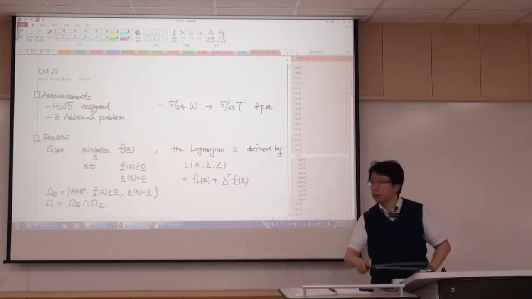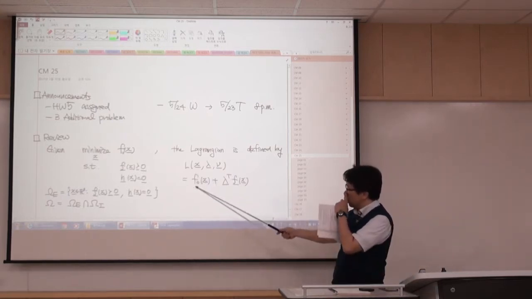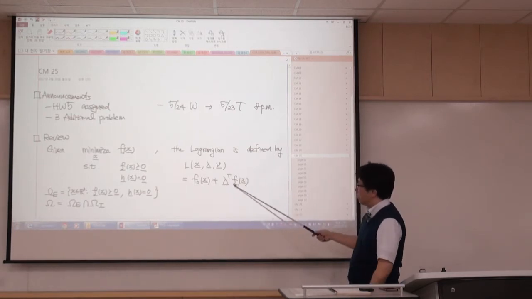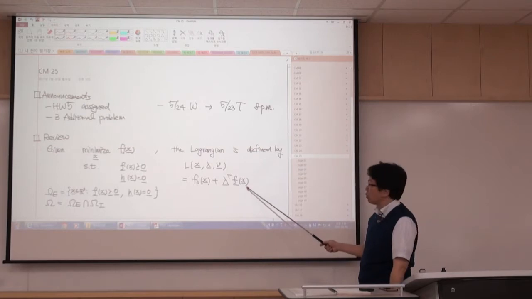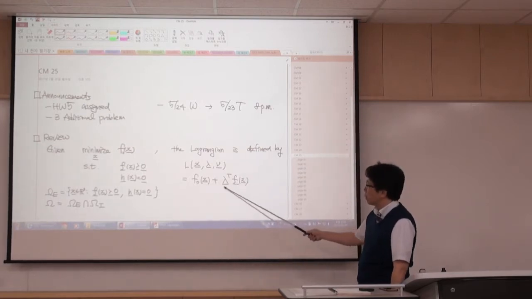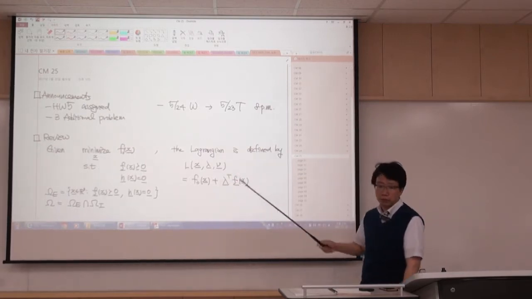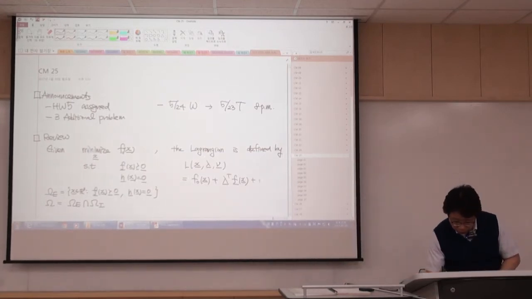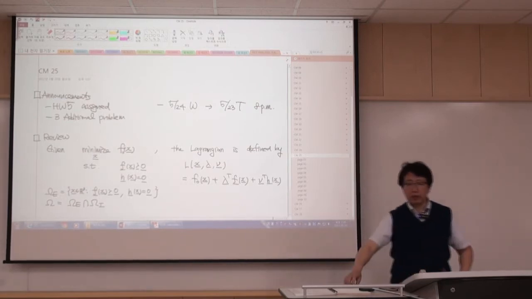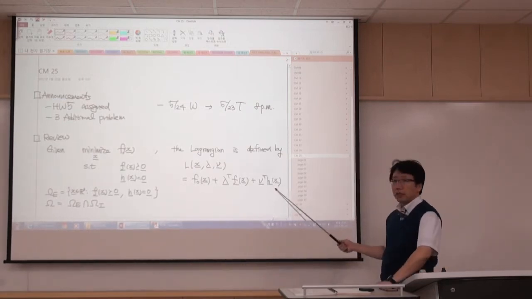So be careful. This is scalar valued. This is vector valued, but now it becomes scalar valued because the length of f is the same as that of lambda. And we introduce nu that also makes the third term a scalar. Got it?